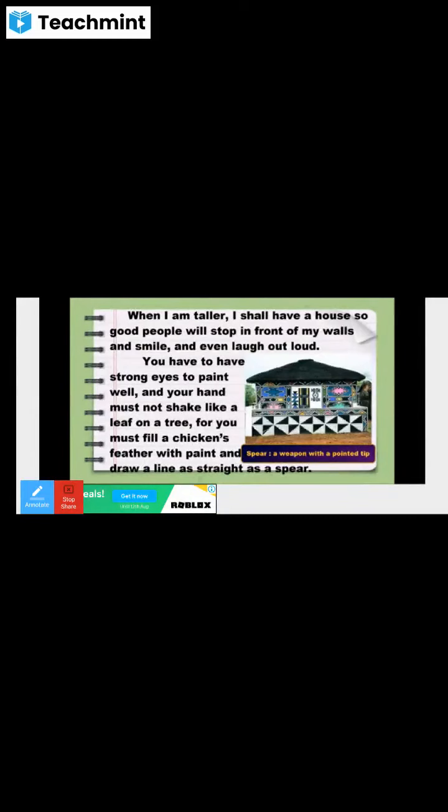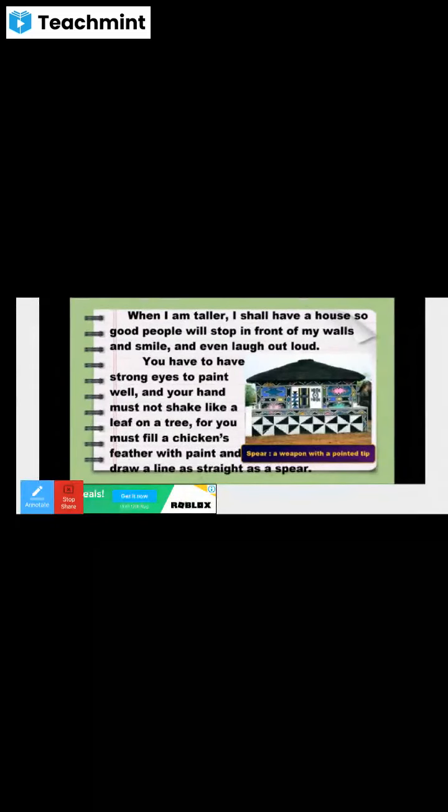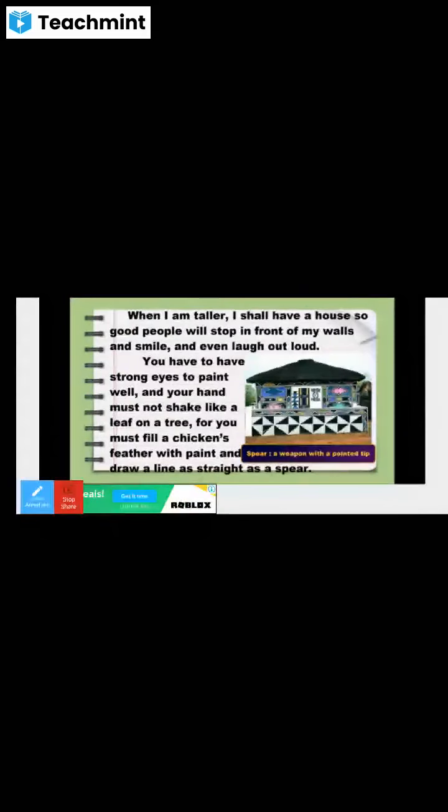So when you are painting your house, your wall, at that time you don't shake your hand like a leaf on a tree. If you see a tree, the leaves are waving like this.